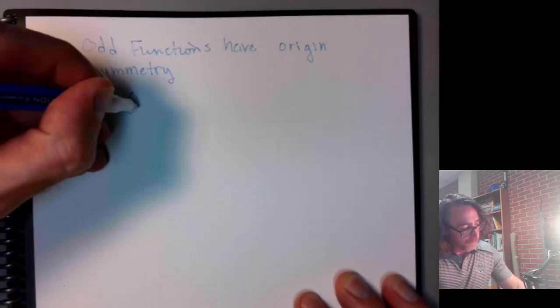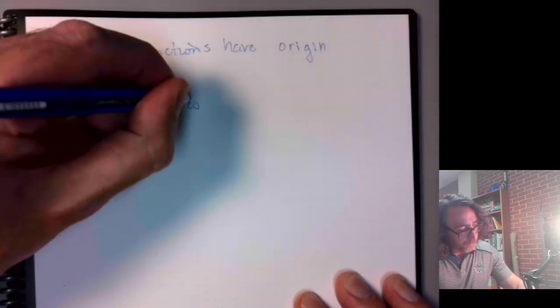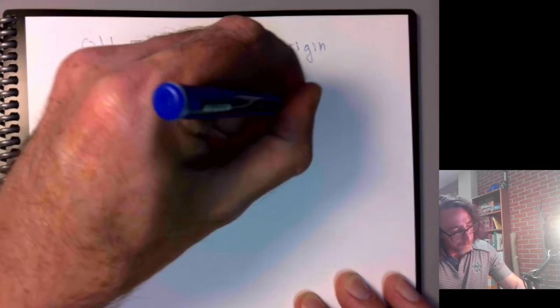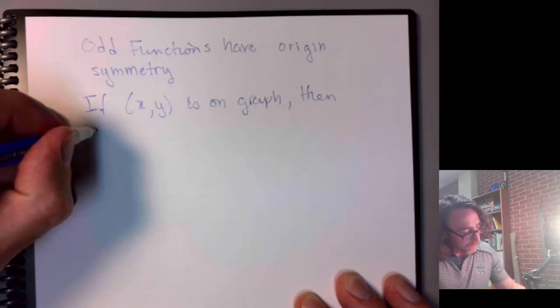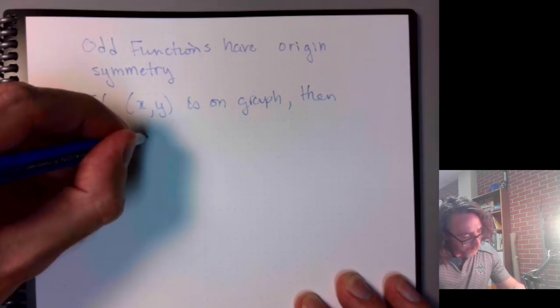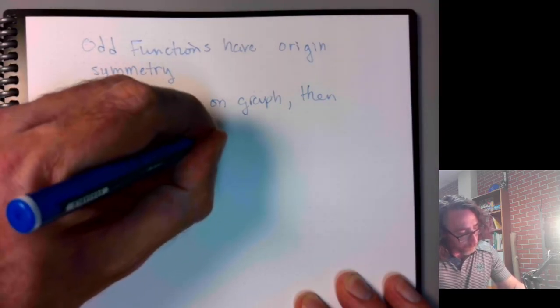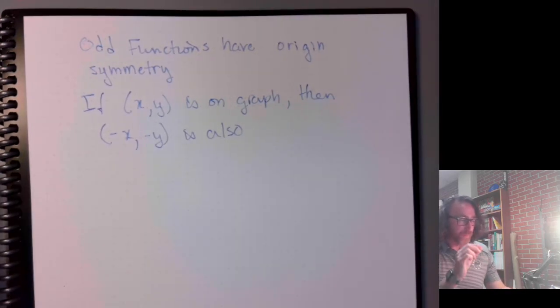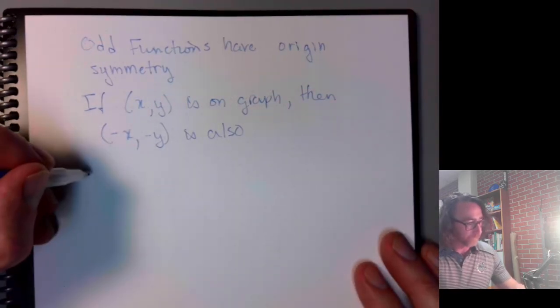If x comma y is on the graph, then negative x comma negative y is also on the graph. Okay, odd functions have origin symmetry.